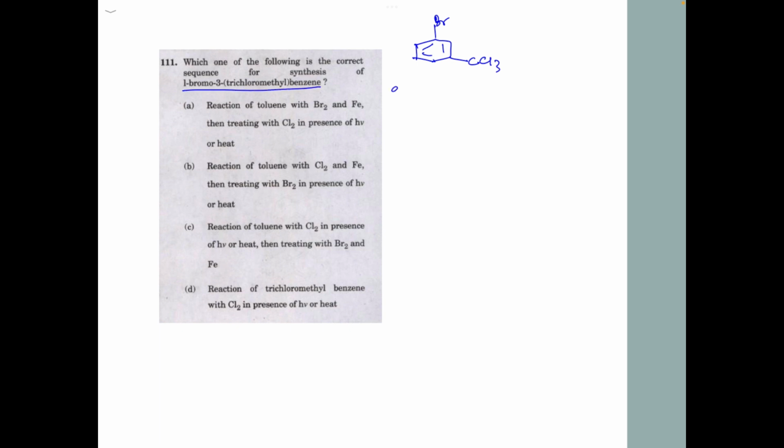In option A, they have given that if we treat toluene in presence of bromine with iron, we will have the major product as para-bromotoluene.